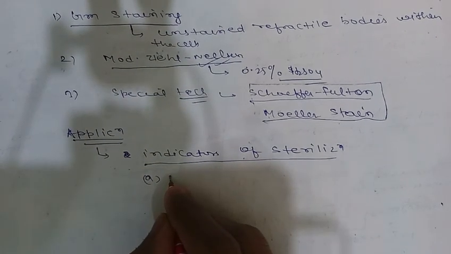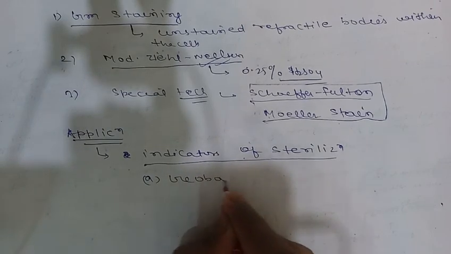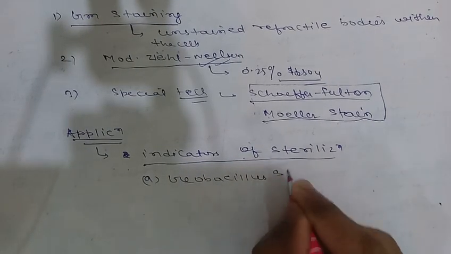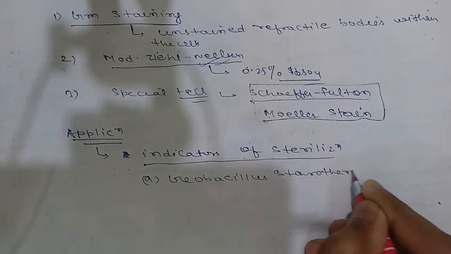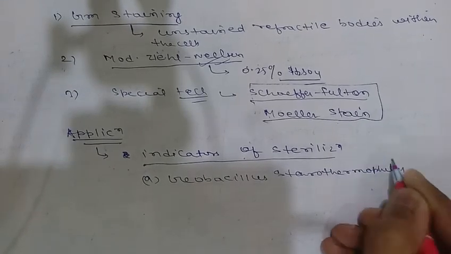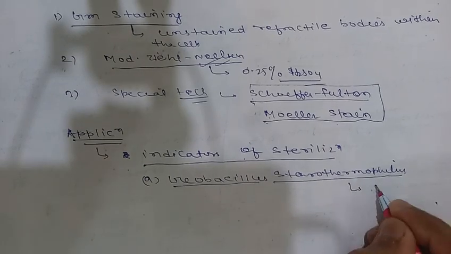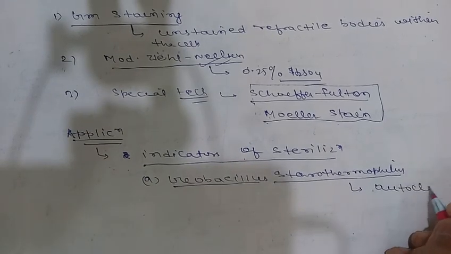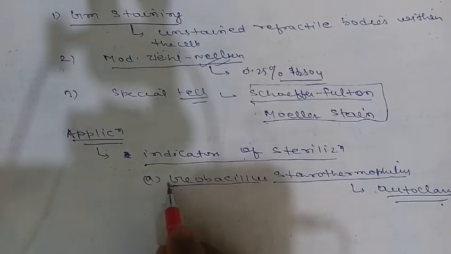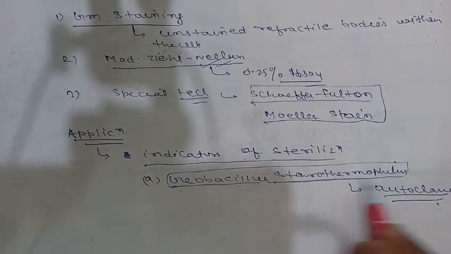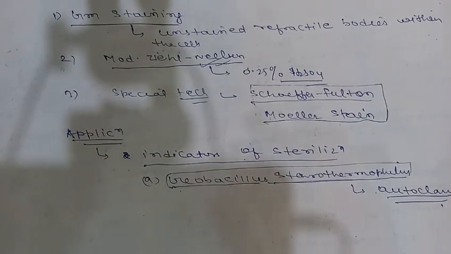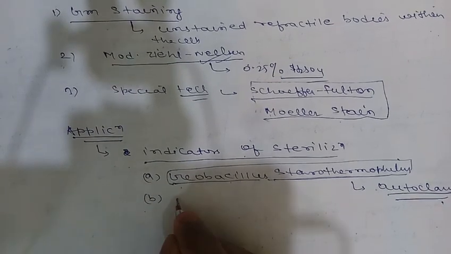Some examples: spores of Geobacillus stearothermophilus are used as sterilization control in the autoclave. So in the autoclave we use Geobacillus stearothermophilus as an indicator. Clear?